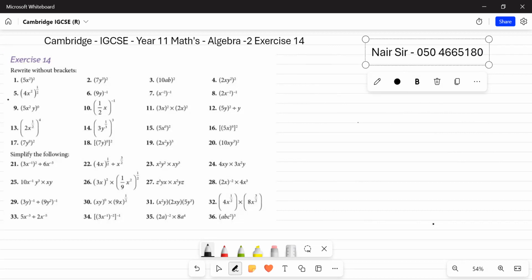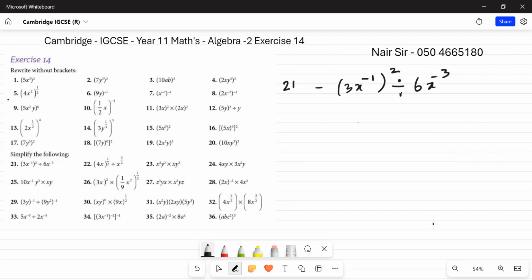Simplify the following. Okay. Question number 21. It is telling us (3x minus 1) the square divided by 6x raised to minus 6. Okay, how will I solve this? 3x minus 1, so I can write this as 9 into x raised to minus 1 into 2, divided by 6 into x raised to minus 3.